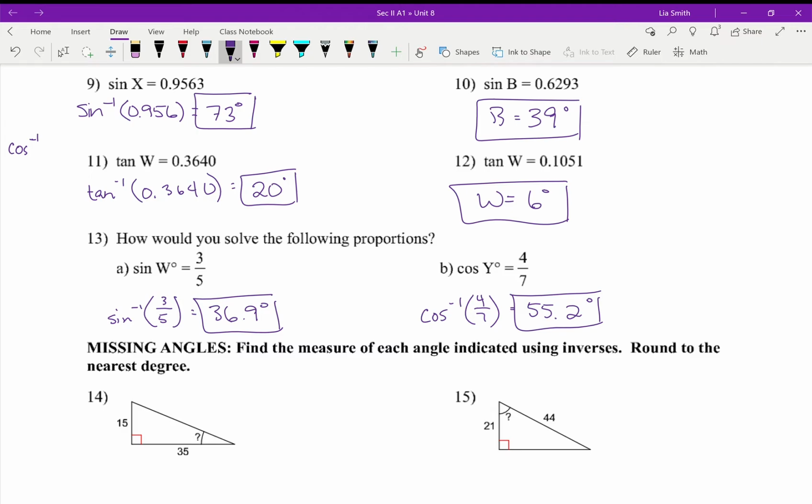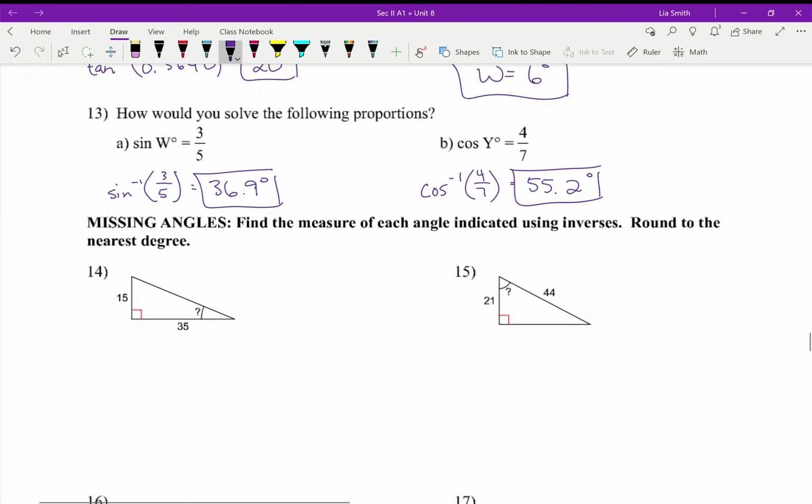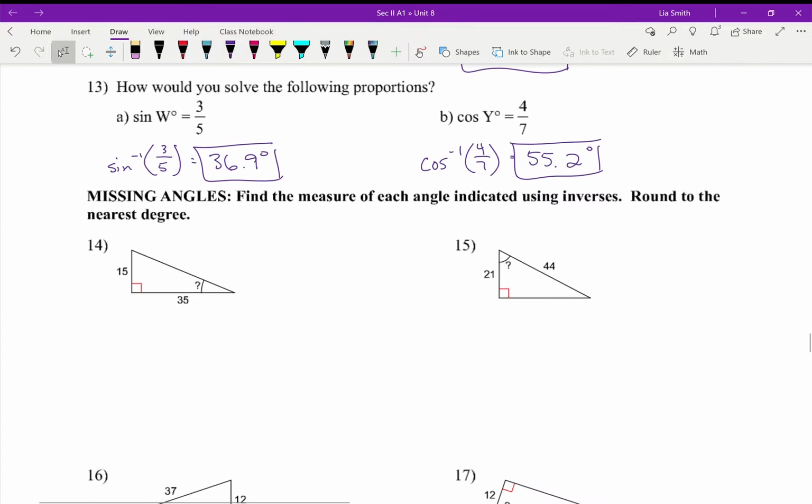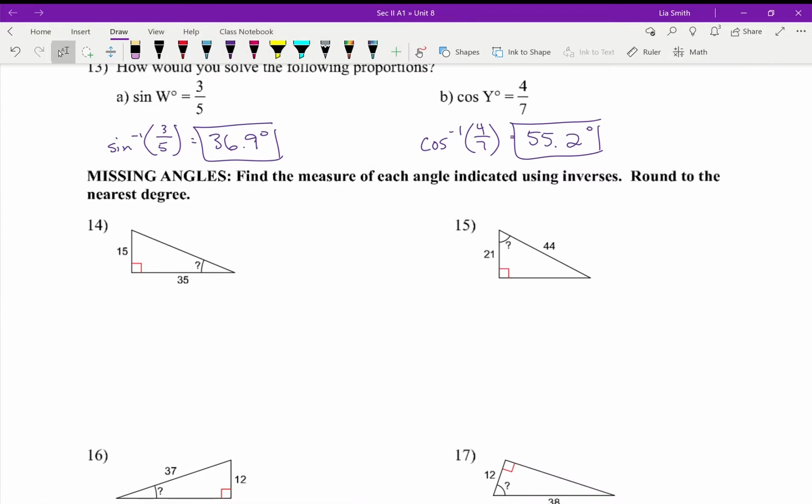So let's do one now where I actually give you the triangle. So I'm looking for question mark. So just like in the other types of problems, one of the first things you want to do is label your opposite, adjacent, and hypotenuse to make sure that you choose the correct trig function.